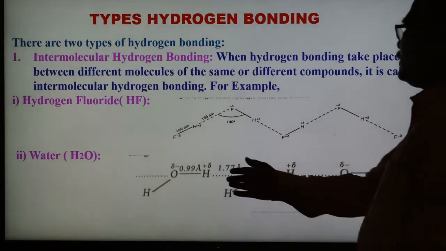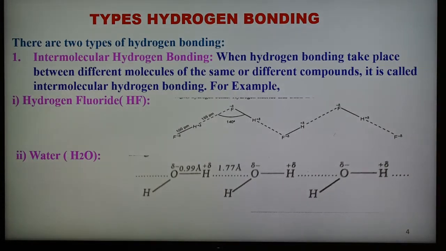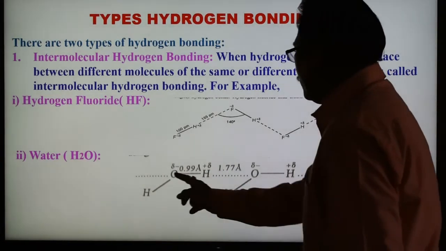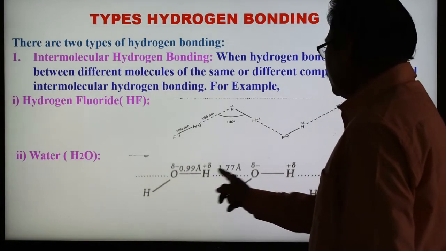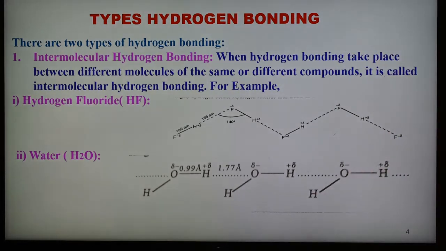Another example is water. In water, they also form a bond between the hydrogen atom of one molecule and the oxygen of another. This is H2O, and this is another H2O: the hydrogen of one molecule and the oxygen of the other molecule form this type of bond. In water, a highly electronegative oxygen atom is linked to the hydrogen atom.